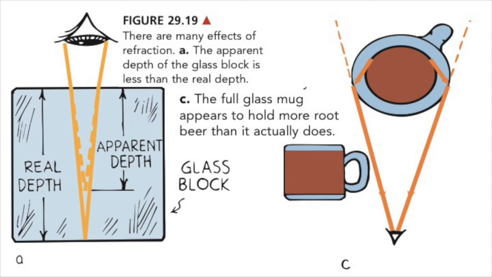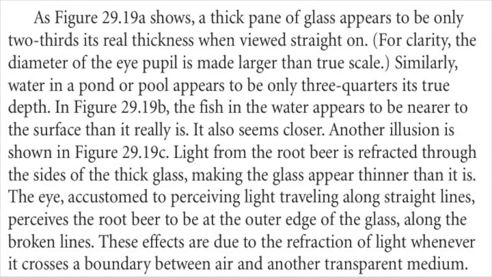The eye, accustomed to perceiving light traveling along straight lines, perceives the root beer to be at the outer edge of the glass along the broken lines. These effects are due to the refraction of light whenever it crosses a boundary between air and another transparent medium.